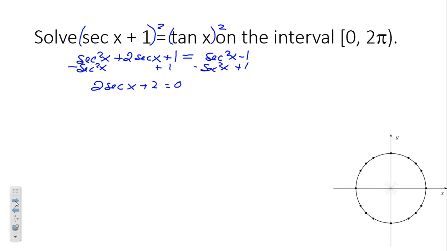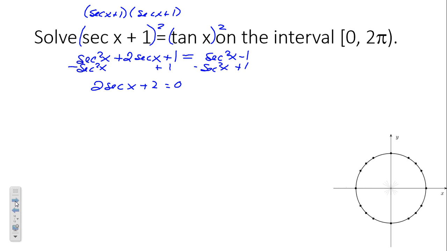When I FOILed this out, remember when you square something, you can't just square the first term and square the last term. You have to take secant of x plus 1 times itself. So first times first gets you secant squared. Outside gets you a 1 secant, inside gets you a 1 secant for a total of 2. And then last times the last gets you the 1.